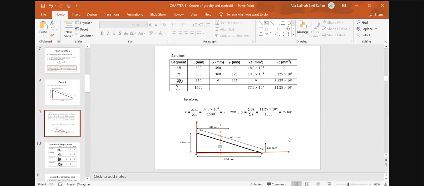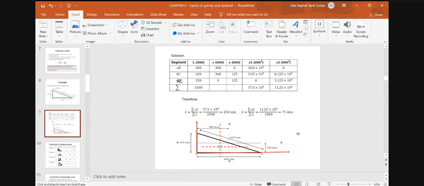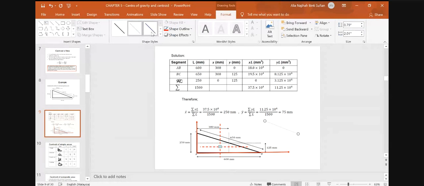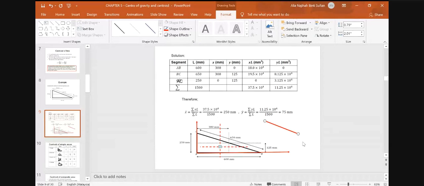BC is diagonal. Let me draw. This is BC. When we have any diagonal with a degree not exactly on the x-axis and y-axis, we have to divide it into both components x and y.